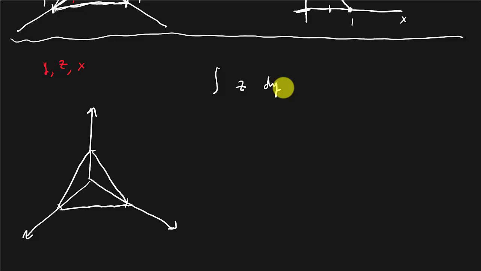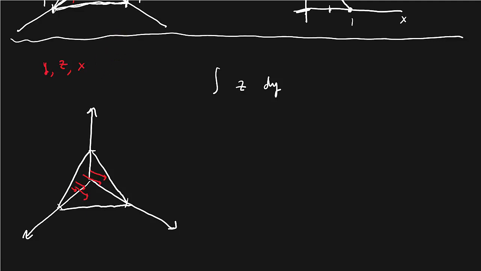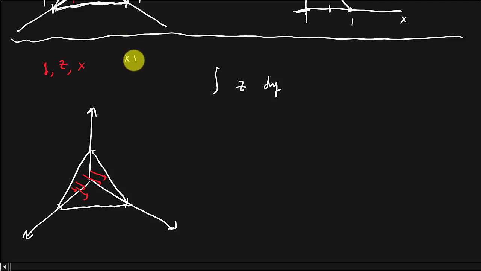So remember, y is 0 right here. See, we're coming out this way. Okay, so y is going from 0 to this plane right here. Now remember our plane was what? x plus y plus z equals 1.